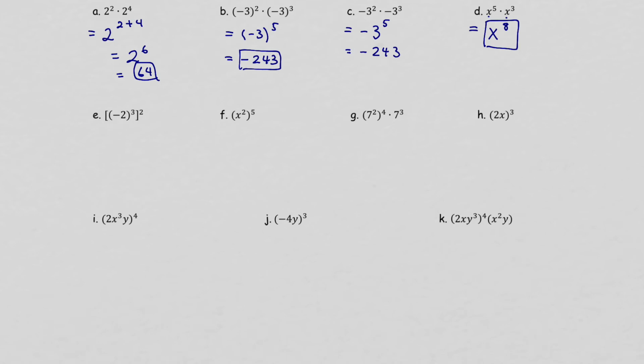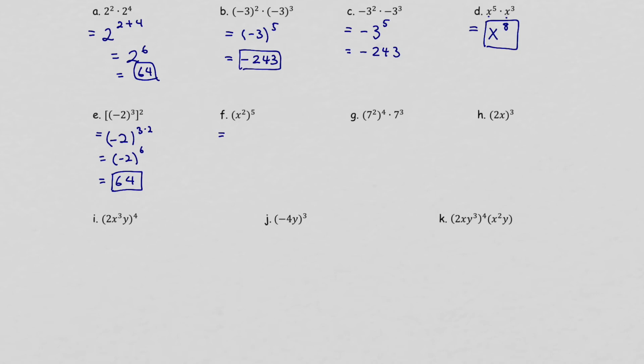Let's do a few more. What about this one? This has double exponents, and we mentioned double exponents, you can multiply them, so it will be 3 times 2. That gives you negative 2 to the 6th exponent. That is 64, positive, because you're going to have 6 negatives, right? An even number of negative multiplications becomes positive.